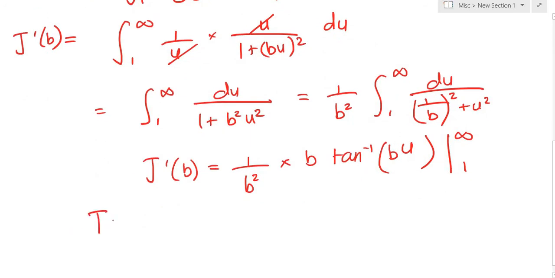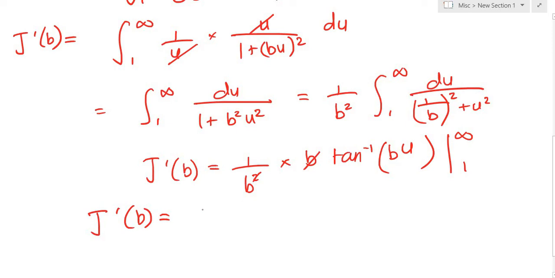It's actually a weird fact because the derivative of j with respect to b is found by calculating a weird integral. But that's how multivariable calculus works, I guess.